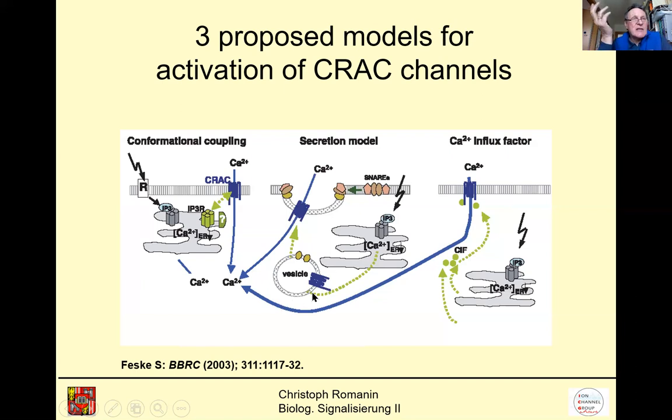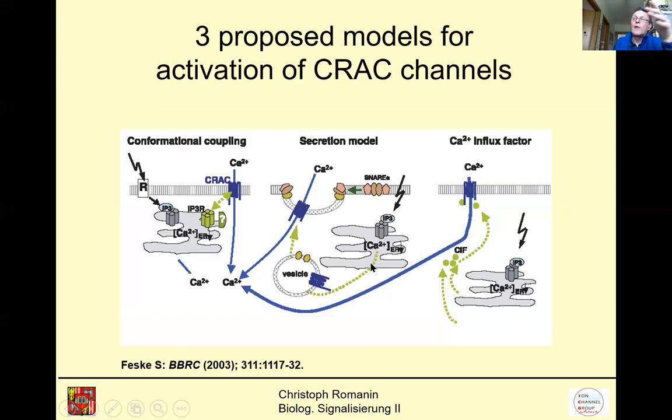vesicles. And as we just have heard, the calcium that is released via stores is important to drive the fusion of vesicles, which contain histamine, with the plasma membrane. It can also help in a way that we have vesicles which have this CRAC channel inserted in the vesicle membrane.